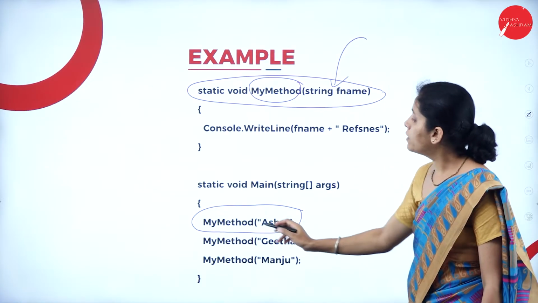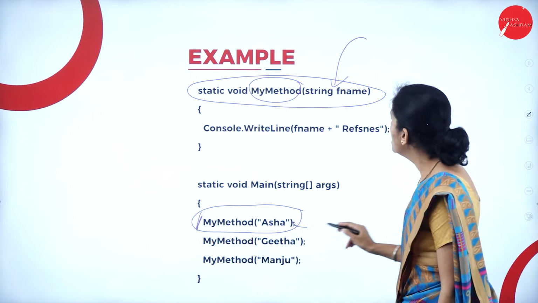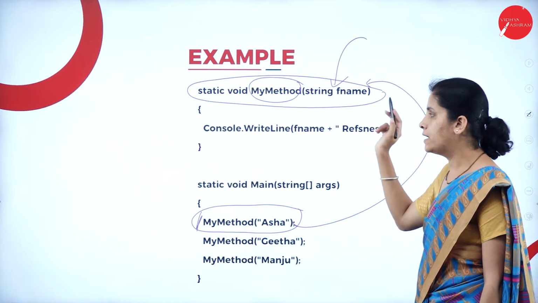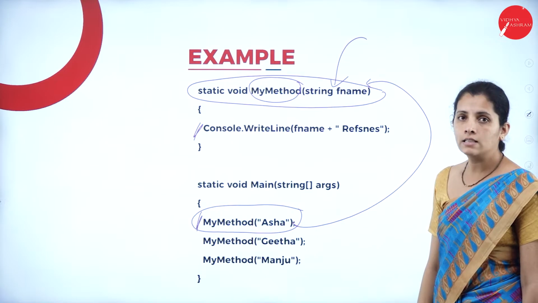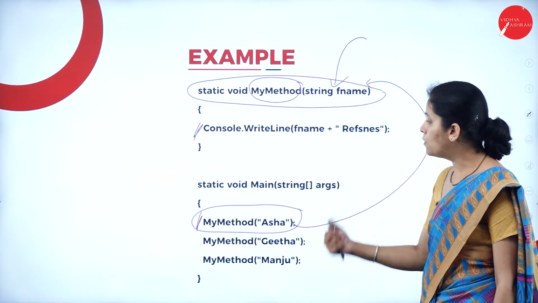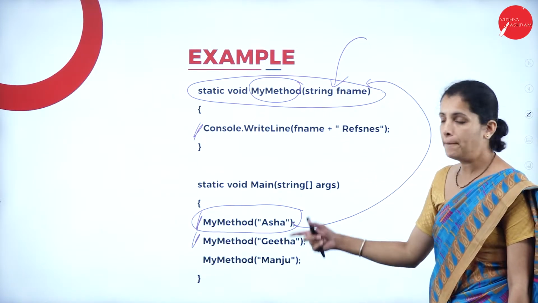And if I call this method, this Asha is assigned to fname. And when I call this statement, I'm going to get the output as Asha. Now, the second time I'm going to call the method.